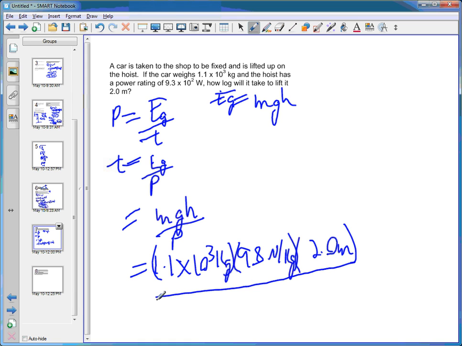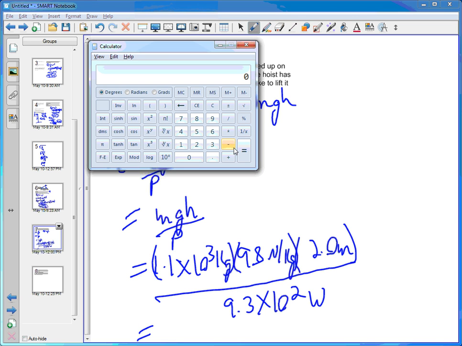Now 1.1 times 10 to the 3, that's 1,100 kilograms times 9.8 newtons per kilogram times 2 meters divided by 9.3 times 10 to the 2. Well, times 10 to the 2 means we move the decimal place over 2. That's 930 watts. And we're left with 23.